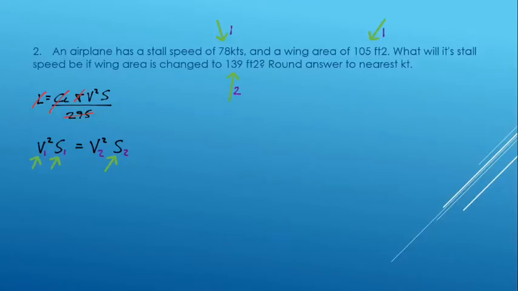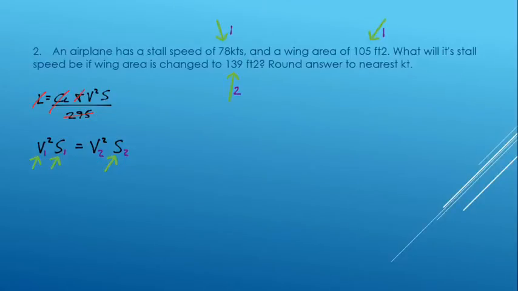So the velocity squared of condition 1 times the surface area of condition 1 has to be equal to the velocity squared of condition 2 times the surface area of condition 2. The three knowns that I have are velocity condition 1, surface area condition 1, and surface area condition 2. What I don't know is the velocity for the second condition, which is what I want to know.